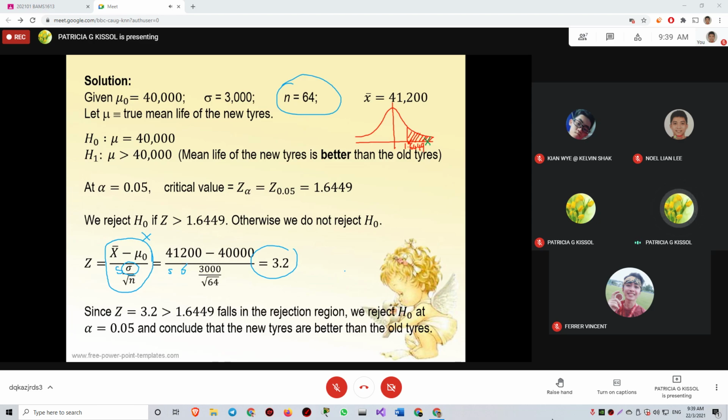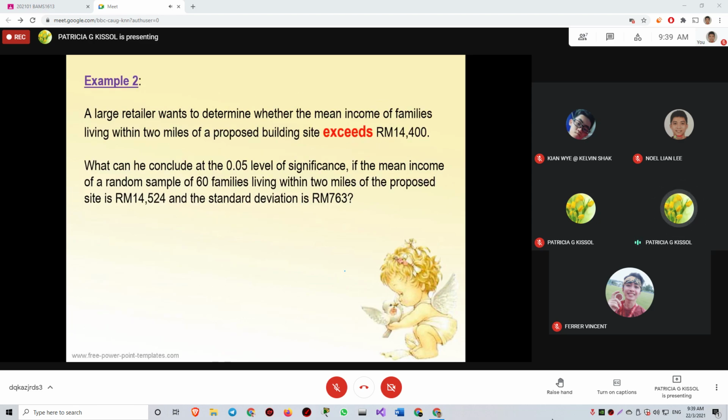We go on to the next part then, another example. The reason I want you to look at this question is because it's still on the population mean. And you can see in this question you have the word exceed.